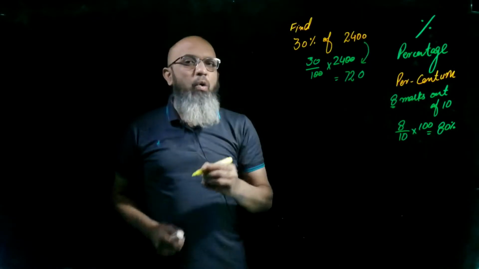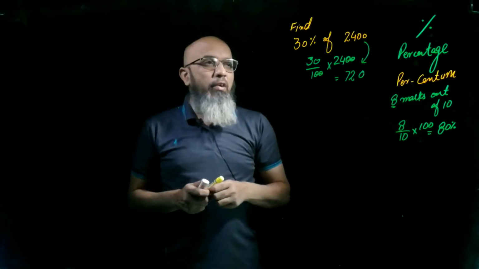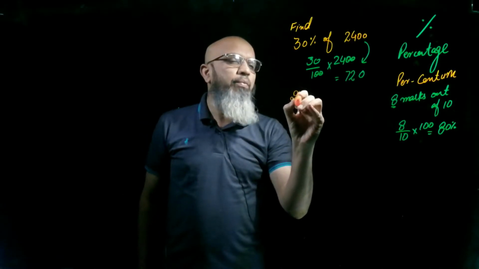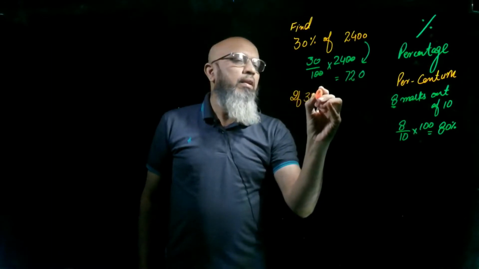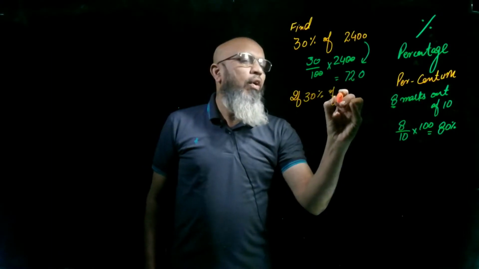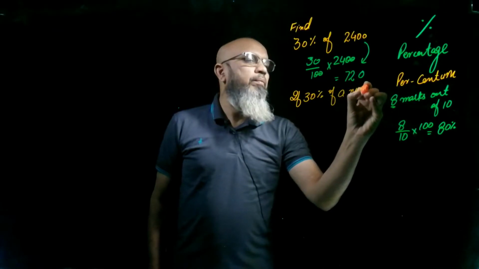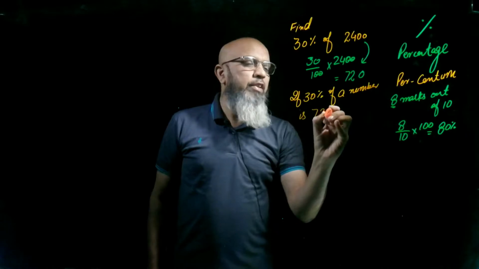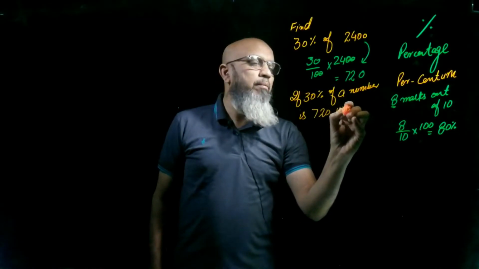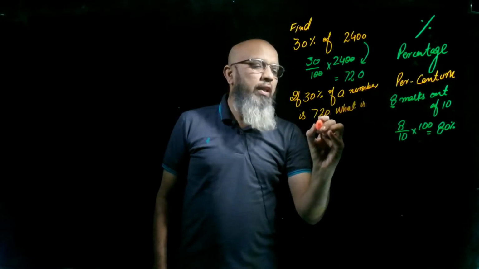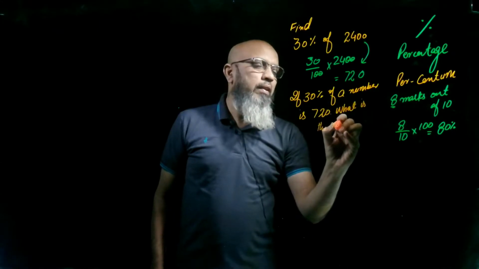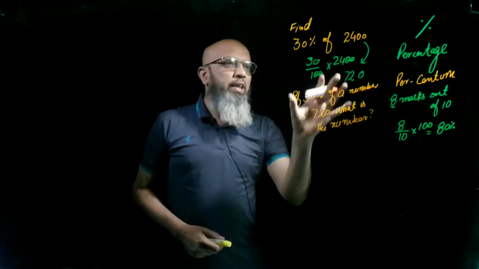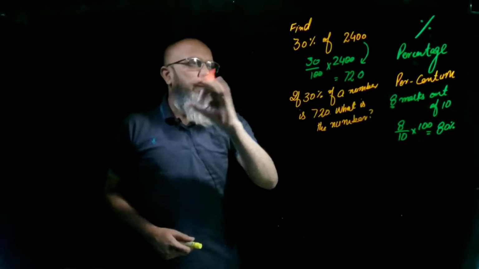The data is the same, but I will change the question. If 30% of a number is 720, what is the number? What is the difference between these two questions?